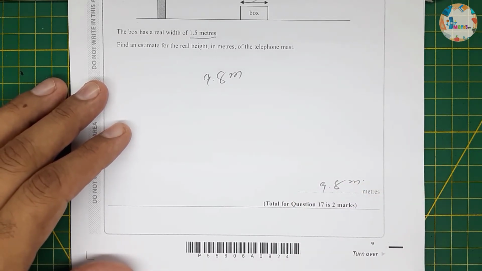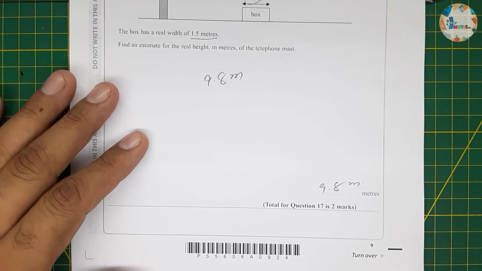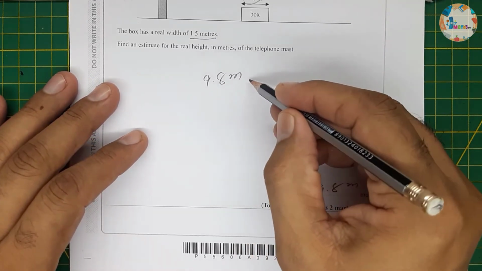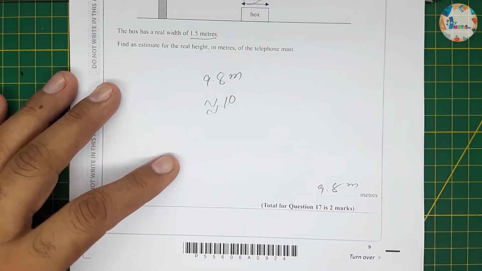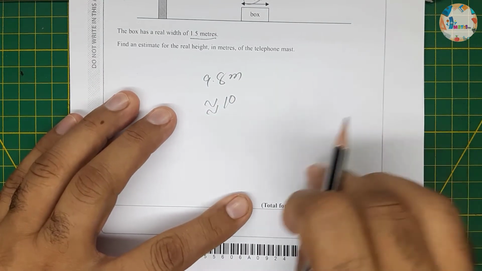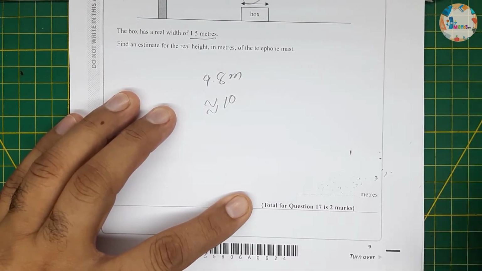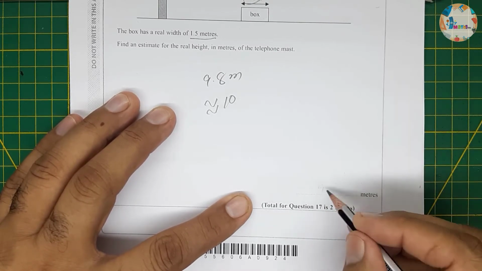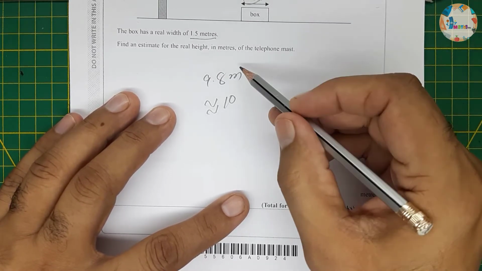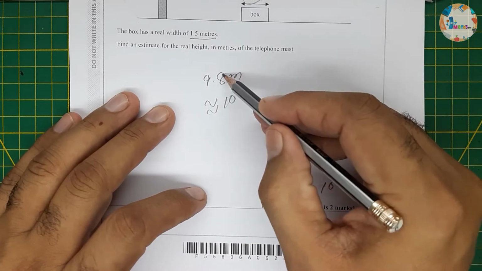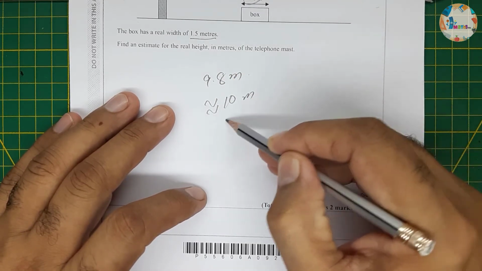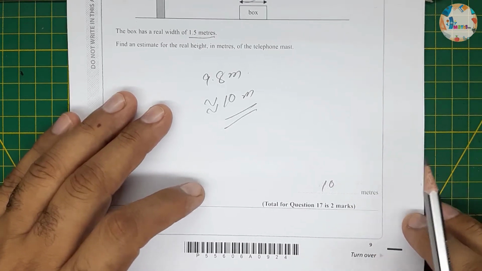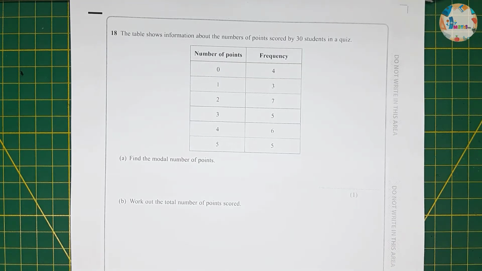Or what we can do, we can write this approximately equal to 10. Because this is an estimate, we'll be providing the rounded answer as 10 meters. Actually it is 9.8 meters, but we are providing the rounded answer as 10 meters. Hopefully you got this. Now question number 18.